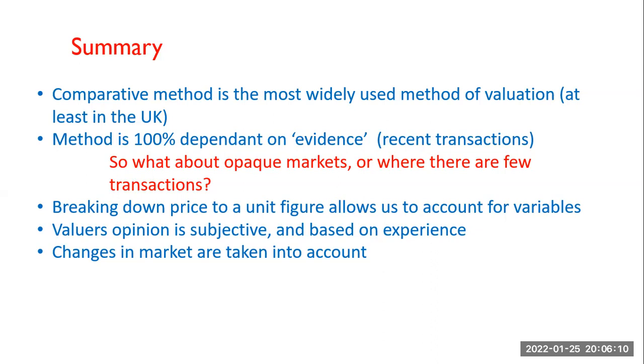Doesn't really work so well with residential markets. In some places, you know, New York, Dubai, they seem to work on a per square foot basis. In the UK, we tend to think about the amount of bedrooms, whether they're double bedrooms or single bedrooms.